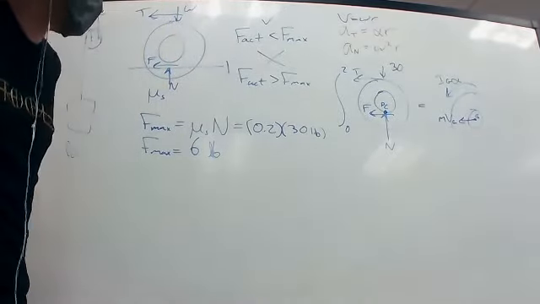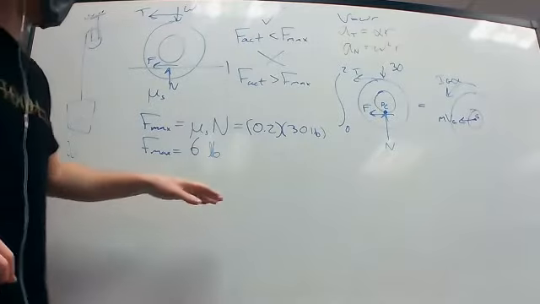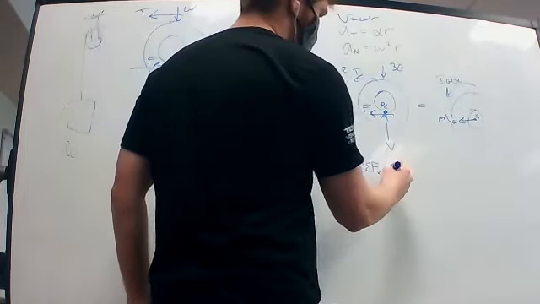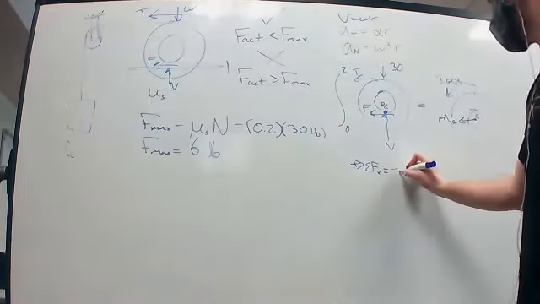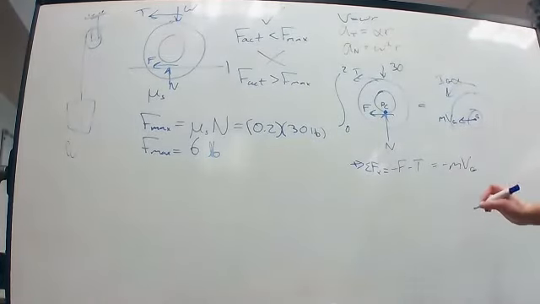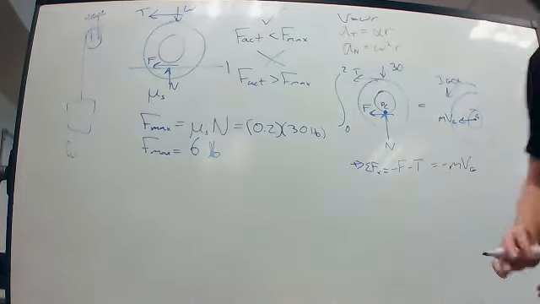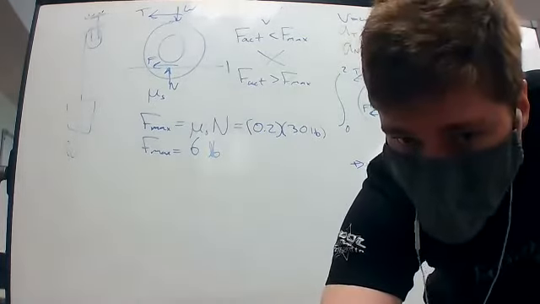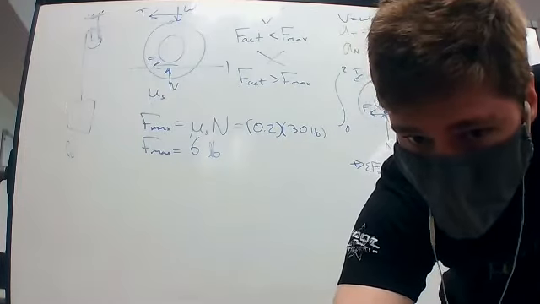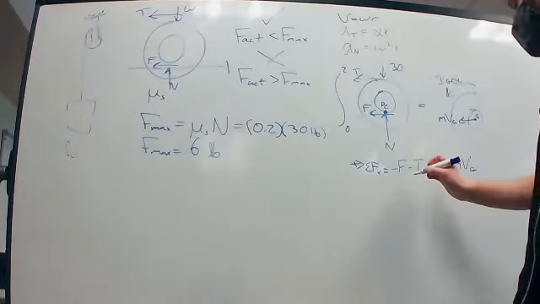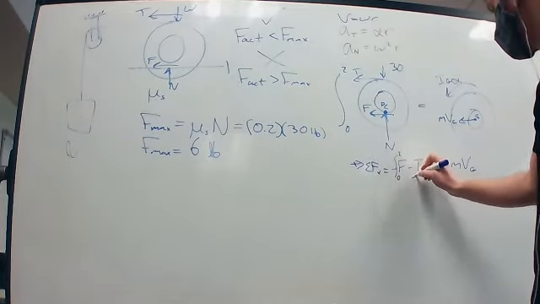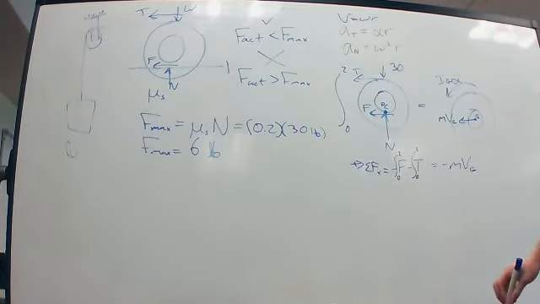So how we can solve for the friction that's happening here is we can say sum of the forces in the x direction is equal to minus F minus T equals minus M V G. Sorry, this is the integral from 0 to 2 and the integral from 0 to 2. There we go.